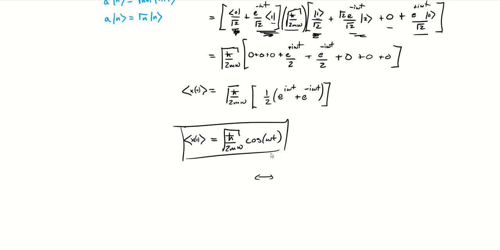So if I wanted to know the expectation value of the momentum as a function of time, it's just mass times the derivative with respect to time of the expectation value of position. And essentially we see this particle in the harmonic oscillator oscillating back and forth, much like we would expect for just a classic harmonic oscillator.